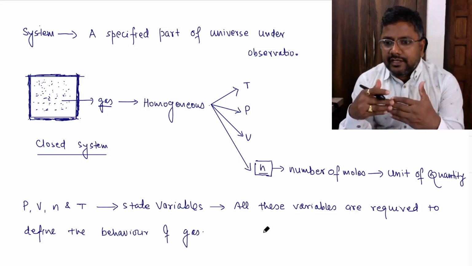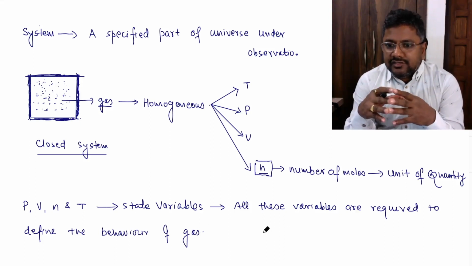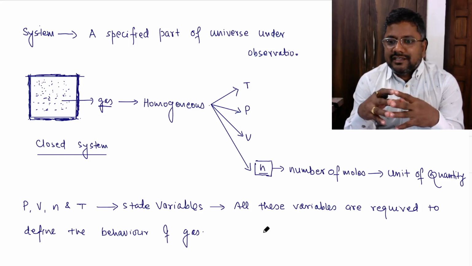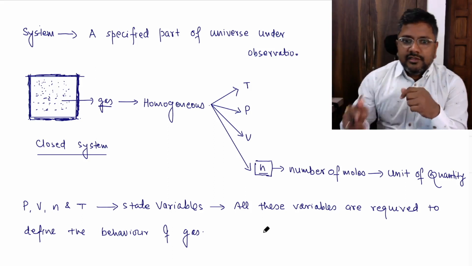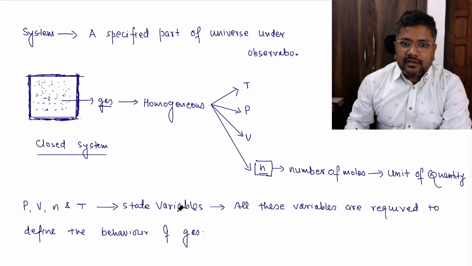If any one variable is not mentioned, you cannot say formally that this property is like this. So all these four variables are called state variables, right?